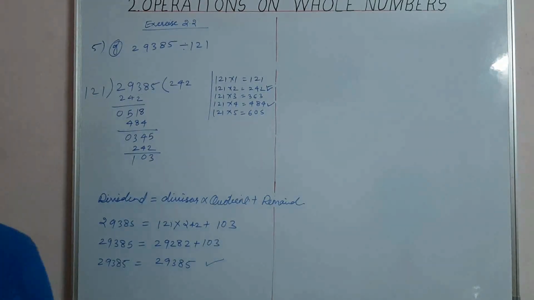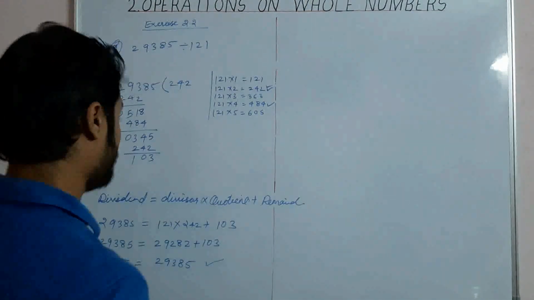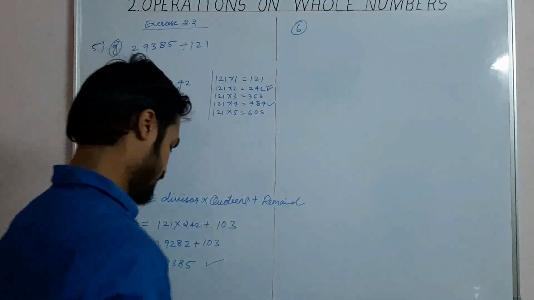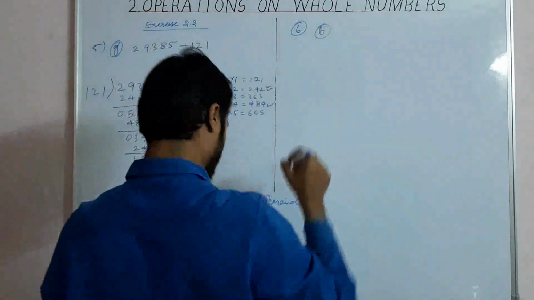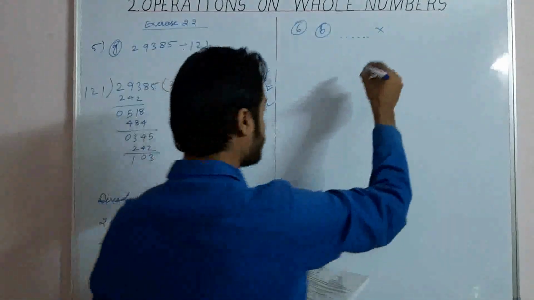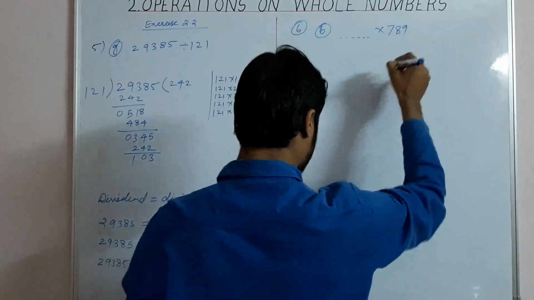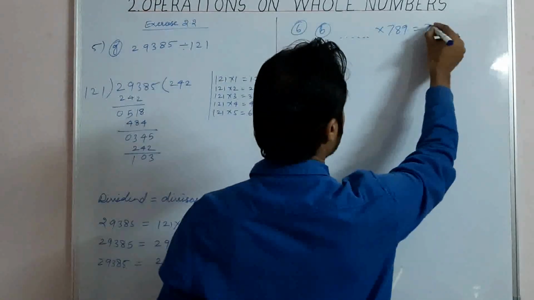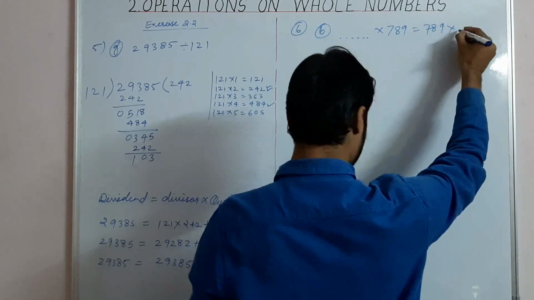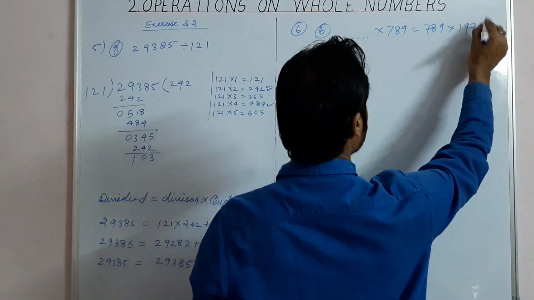Now we'll solve the next problem. Fill in the blanks. Question number 6. Fill in the blanks. Let us take B. Blank into 789 equals 789 into 197.